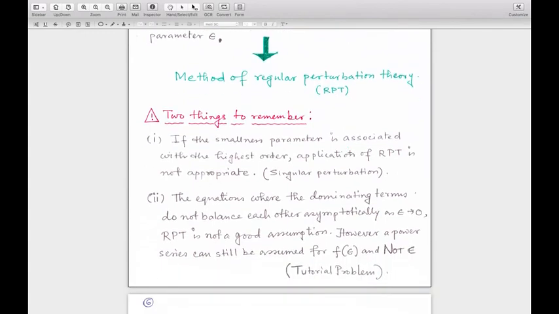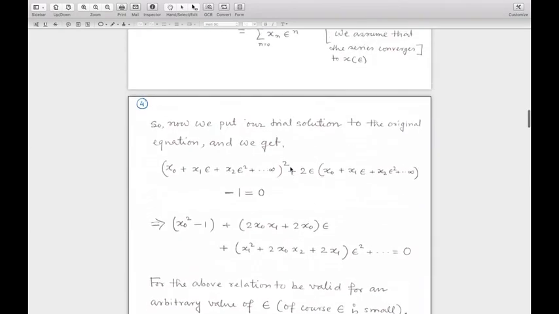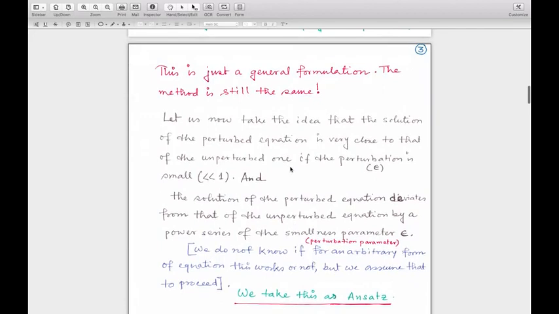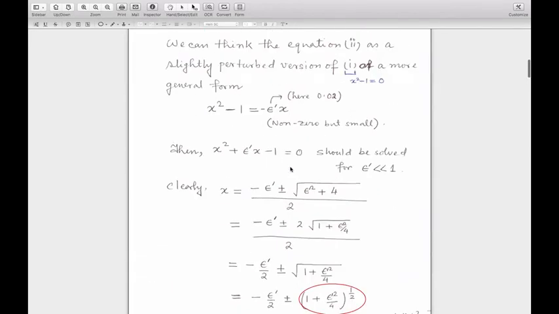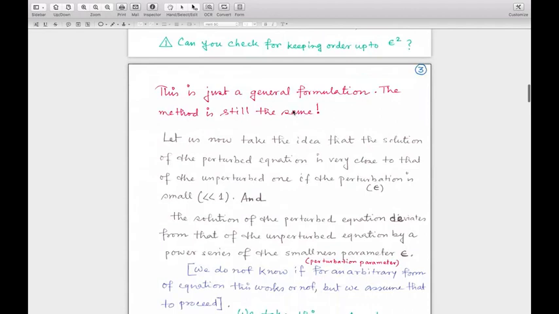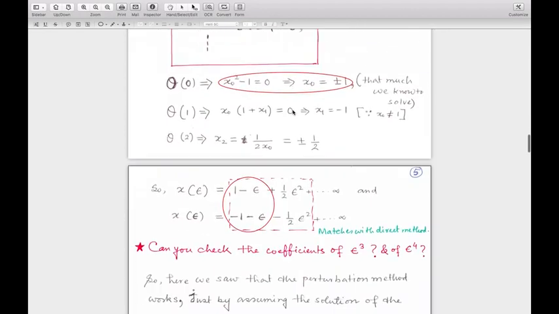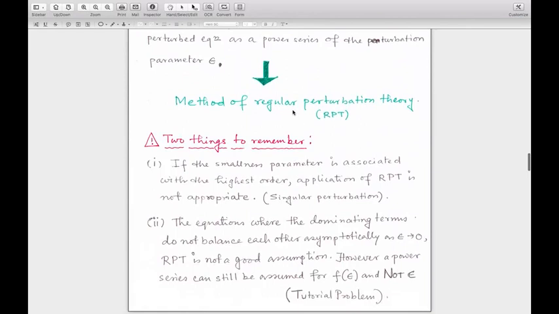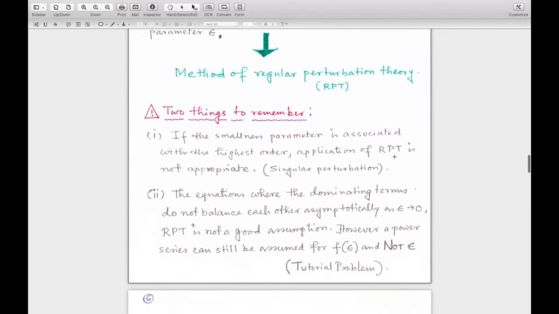Okay, now two things to remember. Although it looks good that this works, if the smallness parameter is associated with the highest order, that means if instead of x square minus 1 is equal to minus epsilon prime x, we had epsilon prime x square minus 1 is equal to x or minus x, then it would not be a great idea to use the regular perturbation theory.